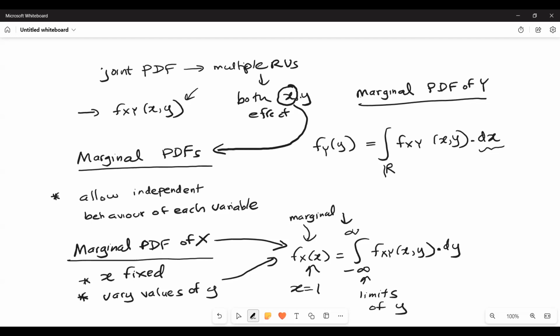Once you find the marginal PDF values of y, in here we have found the marginal PDF of y. We can find the marginal CDF of y by taking the integration of this over that certain x and y range, right? So basically, that is regarding the CDF.